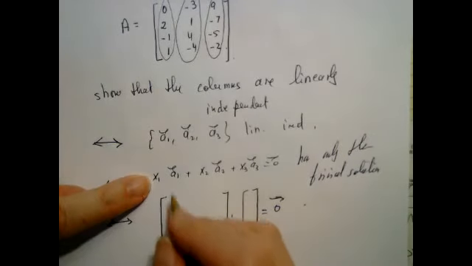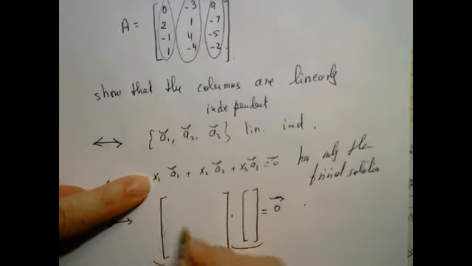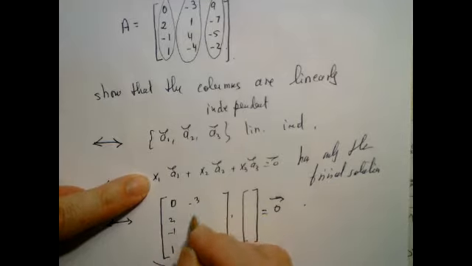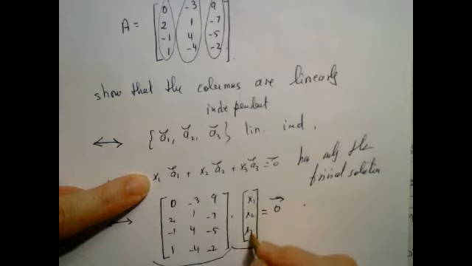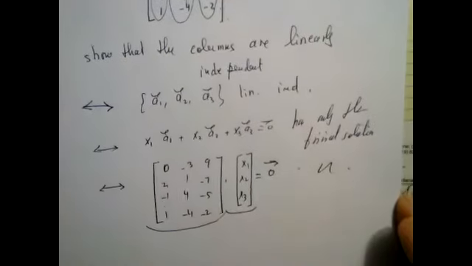What should go here? If this is A1, it means the matrix A, with entries minus 3, 1, 4, minus 4, 9, minus 7, minus 5, minus 2, times x1, x2, x3 equal to 0, has only the trivial solution.